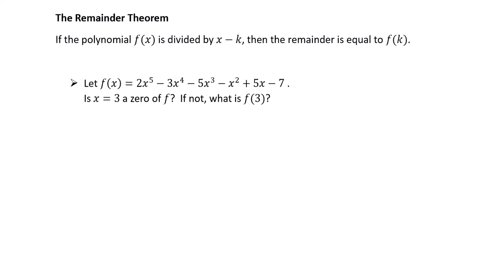So let f of x equal 2x to the 5th minus 3x to the 4th minus 5x cubed minus x squared plus 5x minus 7. Is x equals 3 a 0 of f? And if not, what is f of 3?